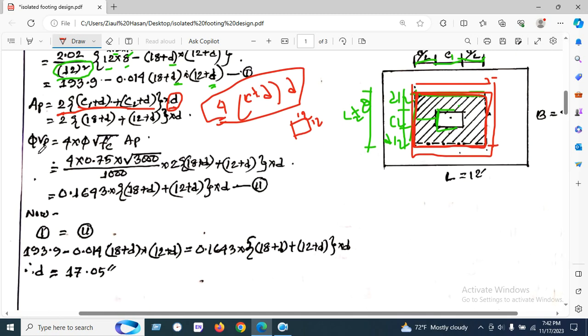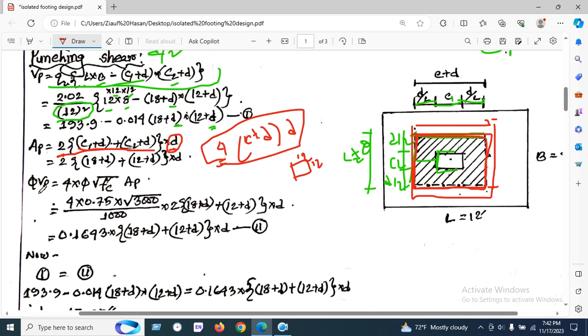Okay, let's go to another formula, which is the resisting perimeter shear force, which is 4 into phi into root over f'c into AP, which we have calculated here. 4 into 0.85 into root f'c, that is 3000, and we divide by 1000, because we are converting this value to inches, because in equation 1 all the values have been taken in inches.